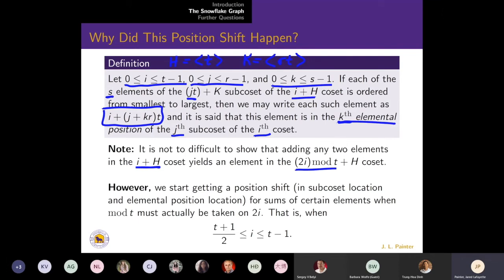So when did that shift start happening? It started when we had to start taking mod of this 2 times I. What that means is that the I value is either bigger than or equal to (T plus 1) over 2 or less than or equal to T minus 1. So it's more than halfway across my list of potential cosets.